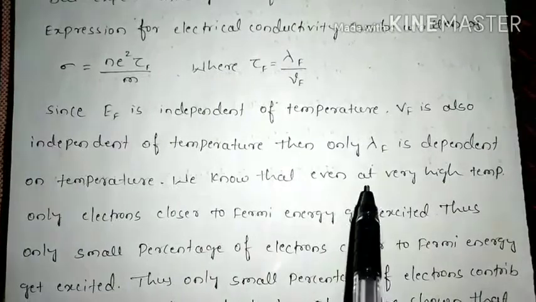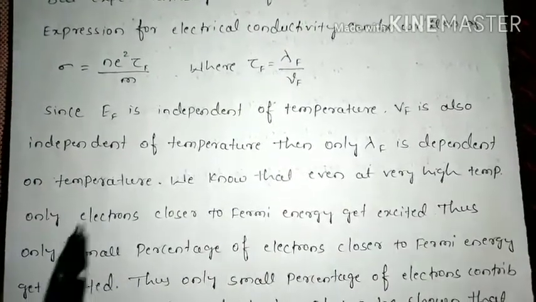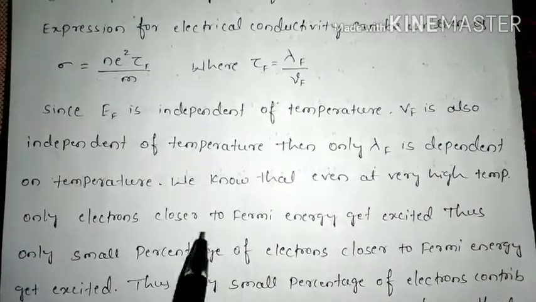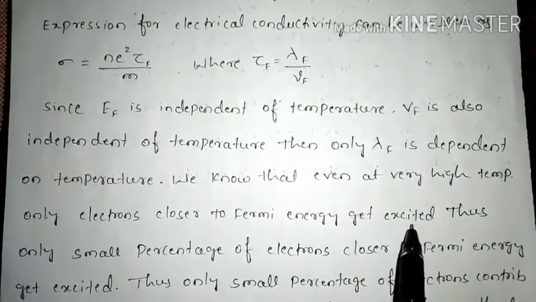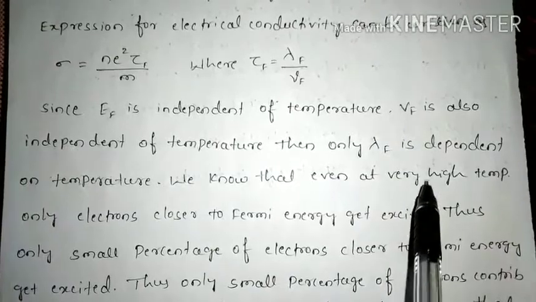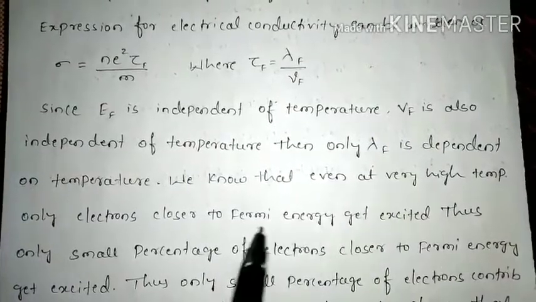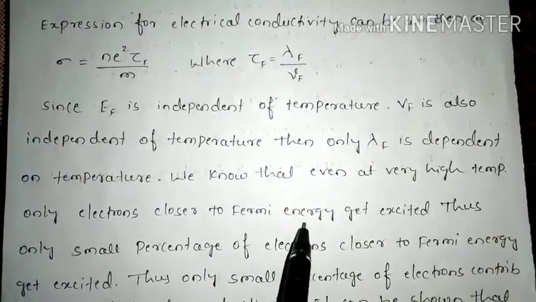We know that at very high temperature only electrons closer to Fermi energy get excited. In the Fermi factor we have observed that when the temperature is increased, the electrons close to Fermi energy get excited.